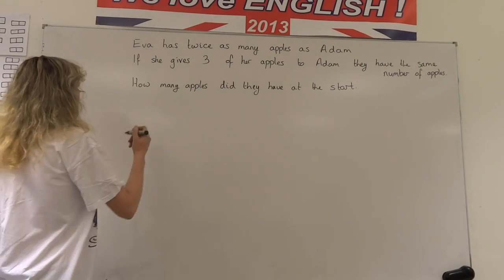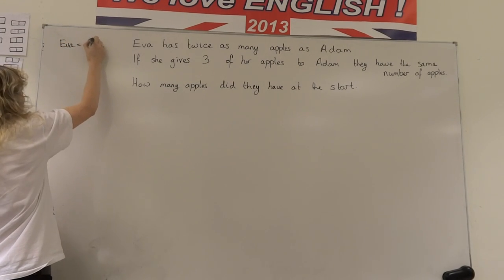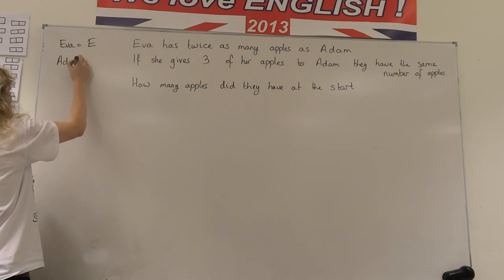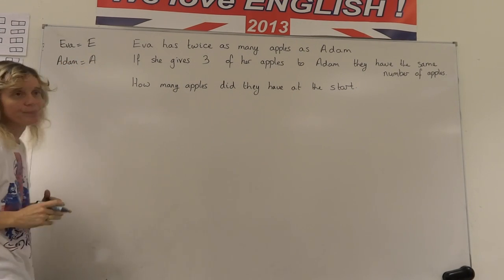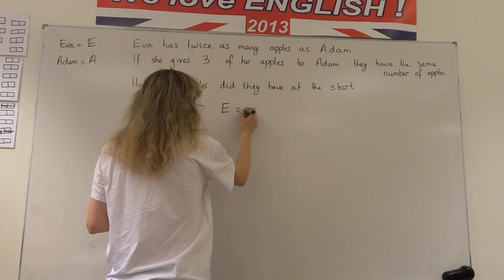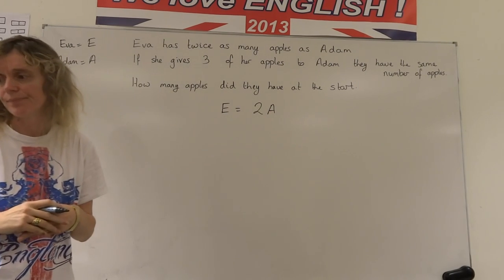Okay, so what do we know? Let's say that Ava's number of apples, let's call them E, and let's call Adam's number of apples A. We know that Ava has twice as many apples as Adam.